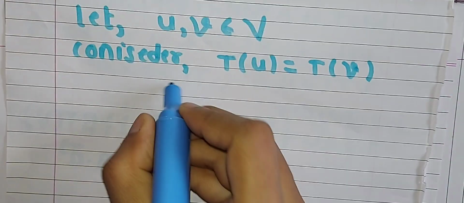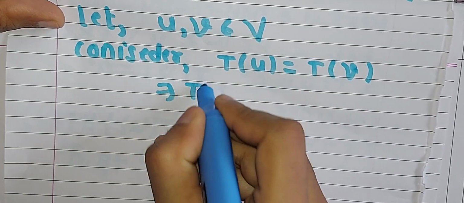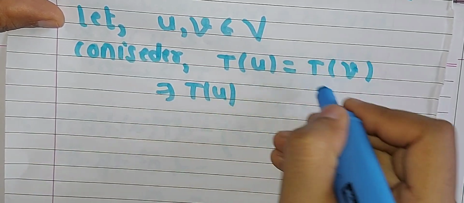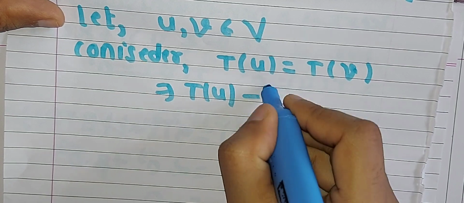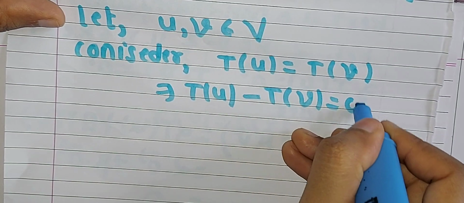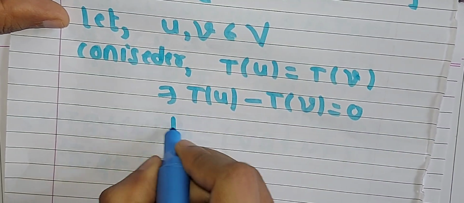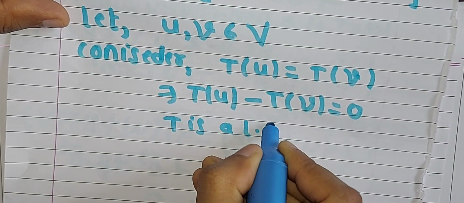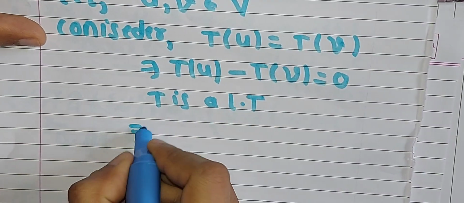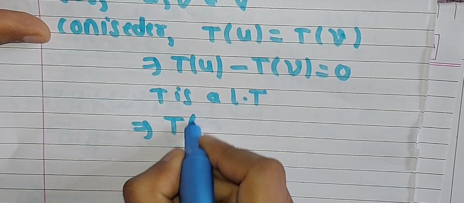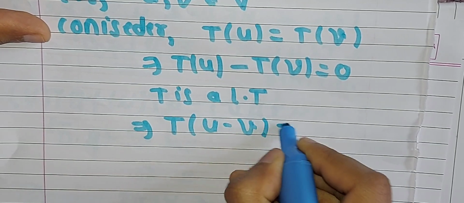After solving this, take T of u as it is, and shift the right side to the left side, that is T of u minus T of v is equal to 0. Since T is a linear transformation, we can write this equation as T of u minus v is equal to 0.